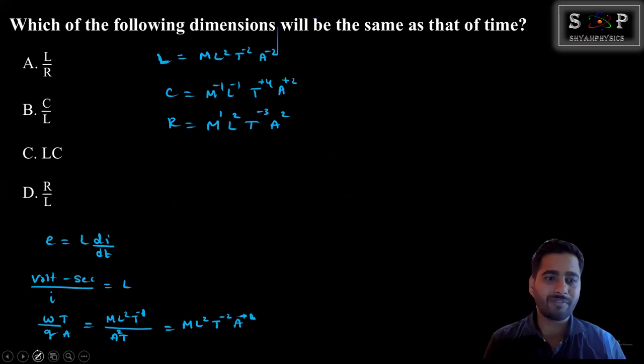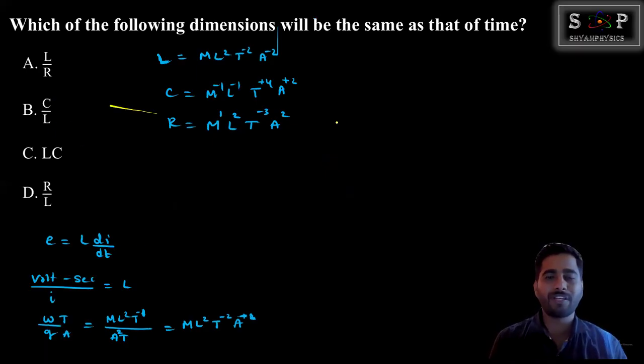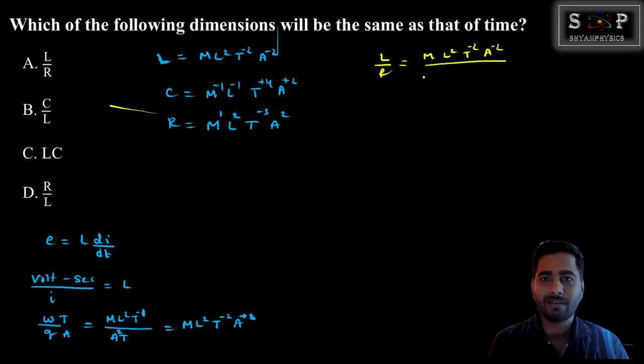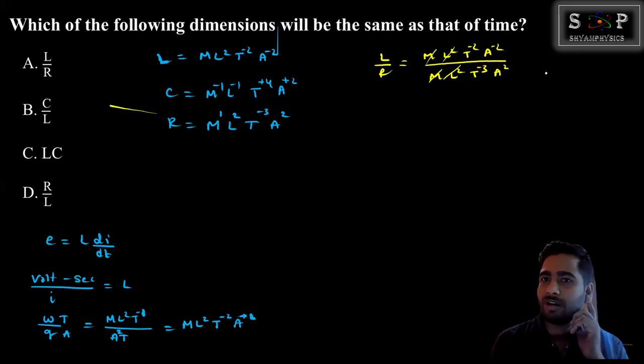Now we'll cross check one by one, substituting in the format that they have given. Okay, first format that they have given, L by R. What is L? m L2 t to the power minus 2 a to the power minus 2 divided by R, m L to the power 2 t to the power minus 3 a to the power plus 2. Okay, here m cancels, L cancels, a comes to the numerator, so it becomes t to the power 1 a to the power 4.